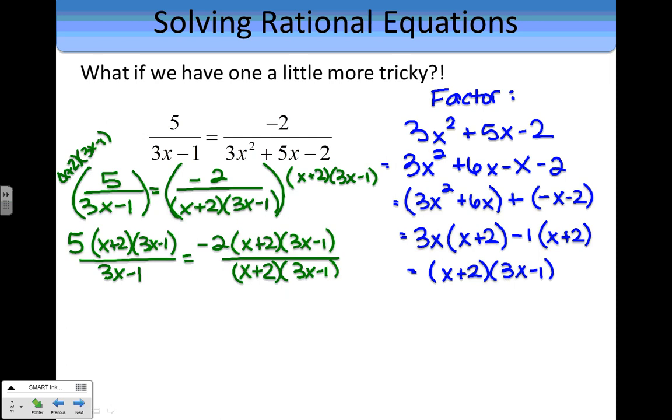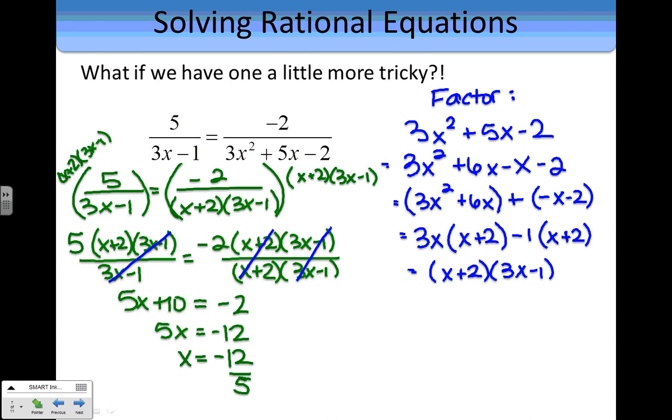I can cancel out 3x minus 1 here. X plus 2, 3x minus 1 here can cancel out. So I'm left with 5x plus 10 equals negative 2. Subtract 10 from both sides. Divide by 5. And I get x is equal to negative 12 over 5.